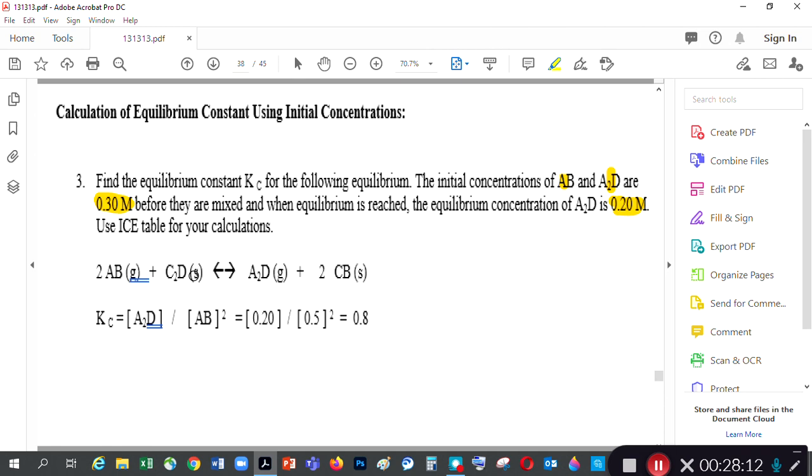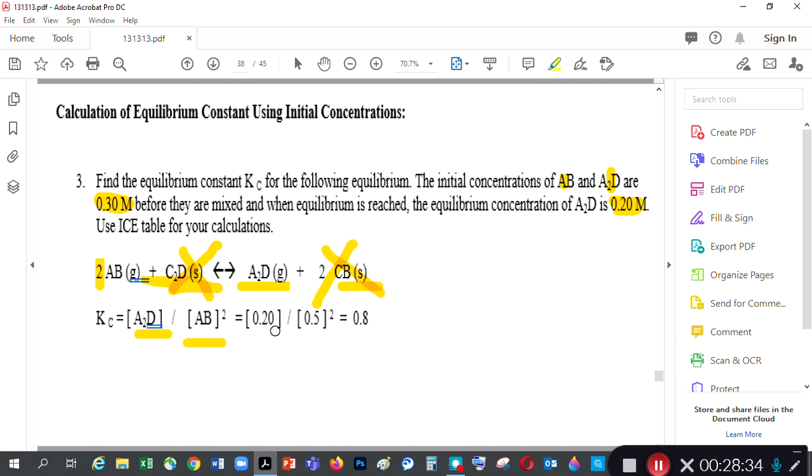Well, if you look, this is solid, so it will be discarded. This is solid, will be discarded. So this is not part of our consideration for Kc because they are solid. So really Kc is the products over the reactants, and we have to watch for the 2 here, which becomes a power of 2.